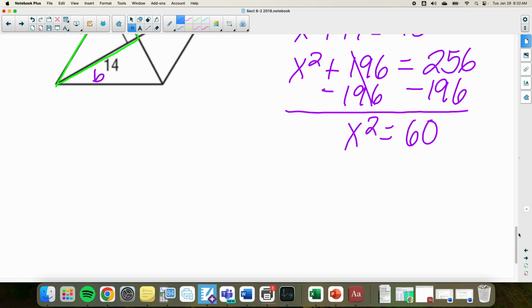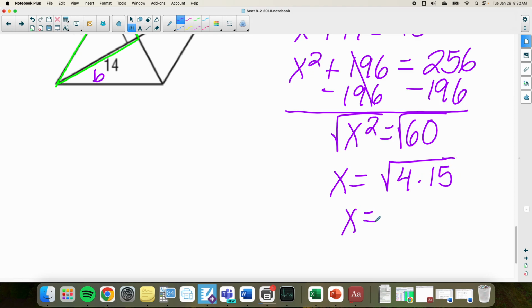And this is one that we could reduce the radical again because 4 goes into that. Okay, 4 goes into 60. So I could write that as the square root of 4 times 15. And then would you guys know how you'd write the final answer? 2 square root of 15.